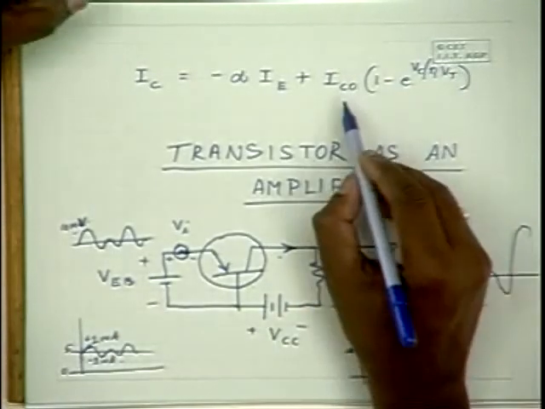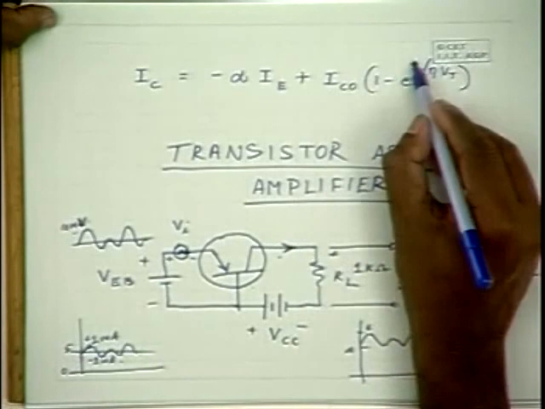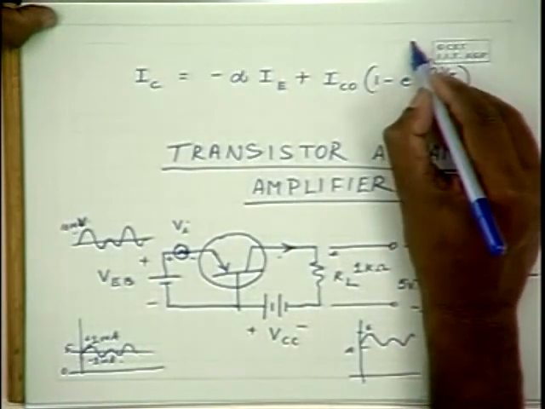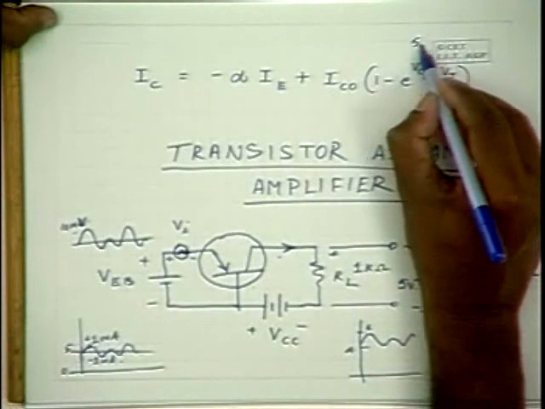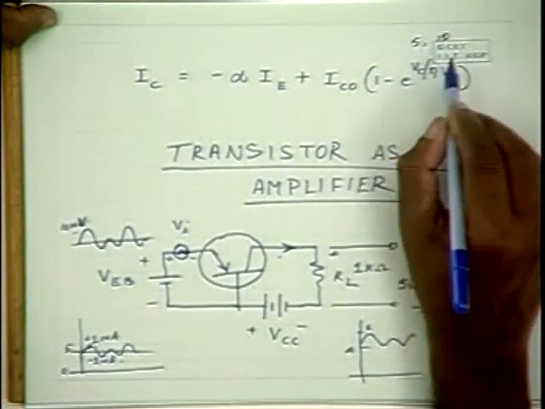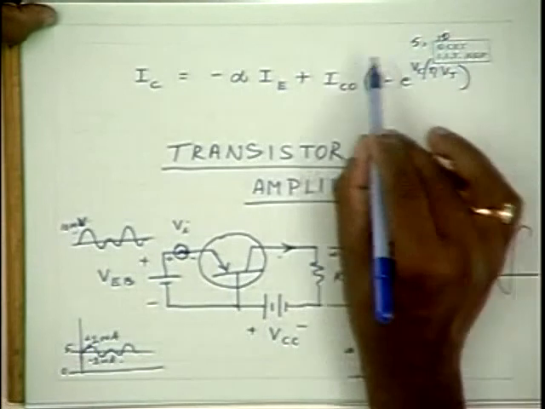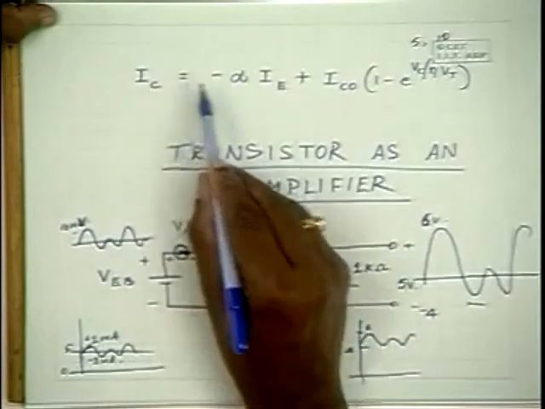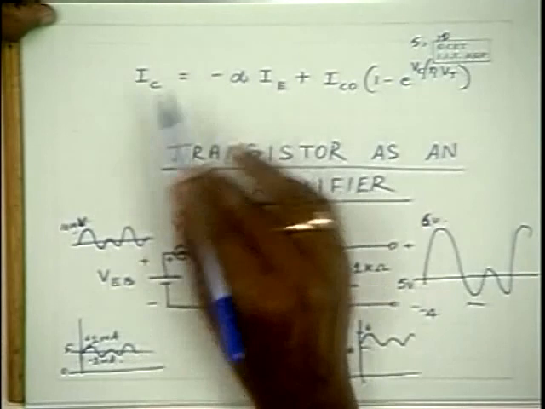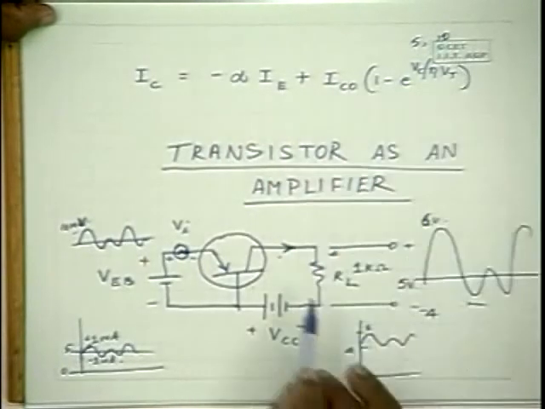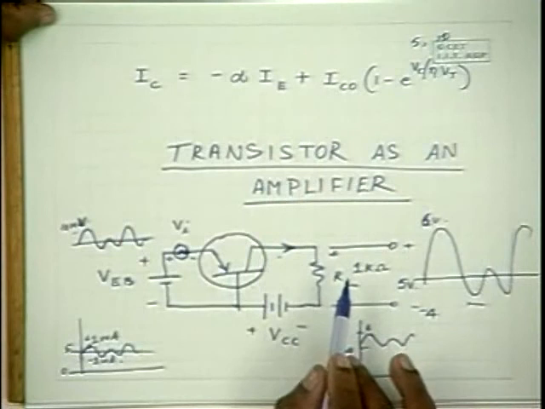But please note that in a reverse bias junction, irrespective of whether the reverse voltage is 5 volts or 10 volts, the change in the current is very small. Therefore, the collector current to emitter current relationship doesn't vary much with the variation in the reverse potential.